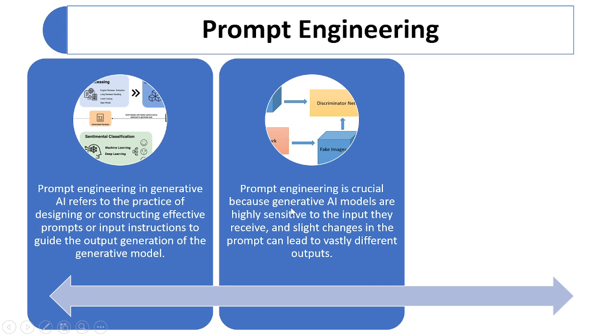It's crucial because generative AI models are highly sensitive to the input they receive, and slight changes in a prompt can lead to vastly different outputs. Because as you know, the generative AI model, what we discussed in the previous lecture, is trained on a huge amount of internet data. These LLM models contain a very huge amount of data.